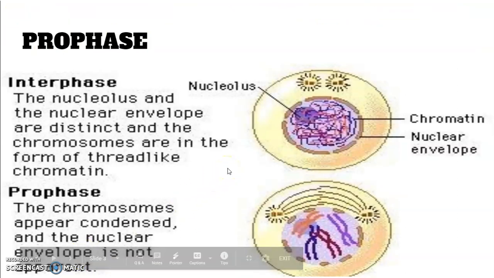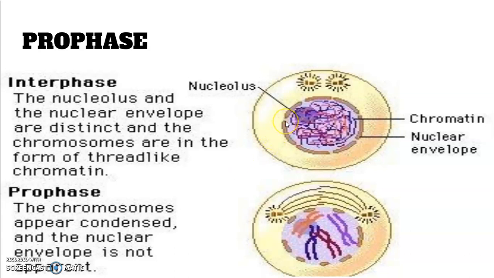Now, before we start with prophase, let us quickly recollect what we have learned about interphase, the structure of the nucleus during interphase. Here we can see the cell during interphase. Interphase is the non-dividing phase, which means the cell is not undergoing division. During interphase, the structure of the nucleus is very clear.